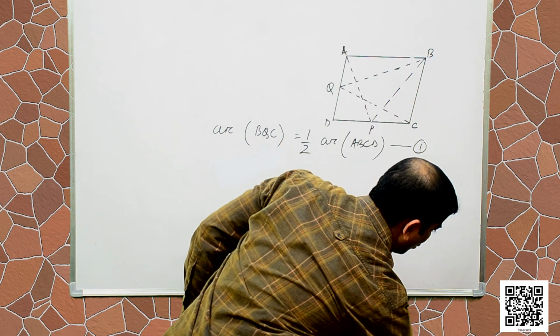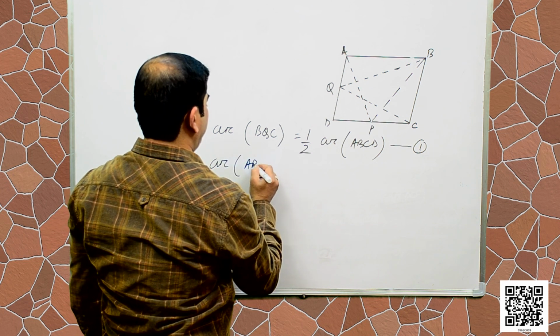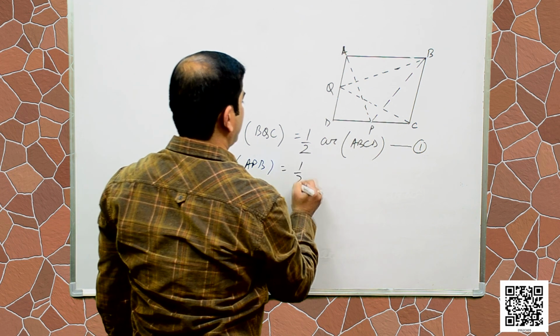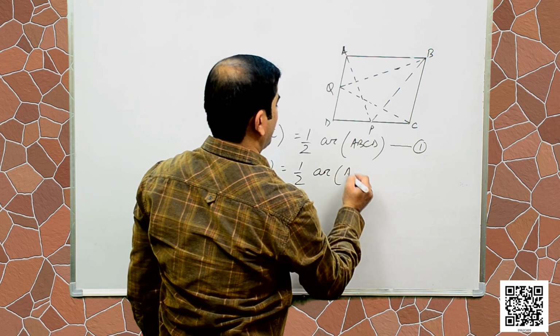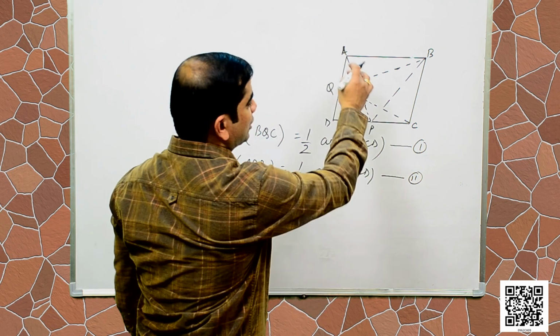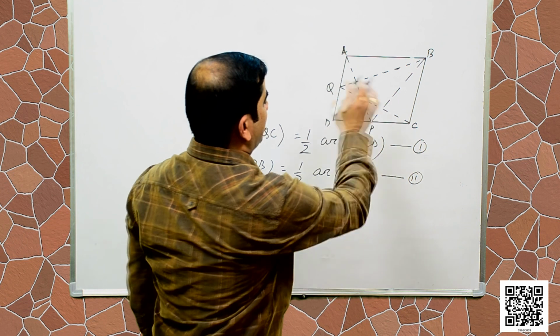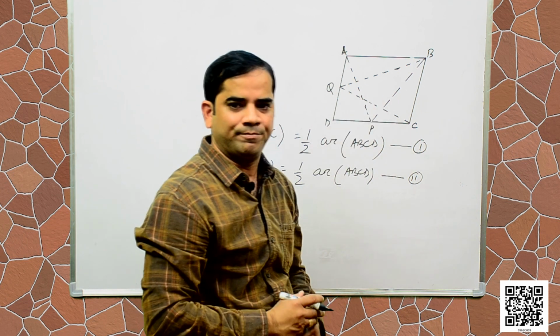So area of triangle APB is equal to half of area of parallelogram ABCD, because both of them lie on the same base AB and between parallel lines AB and CD.